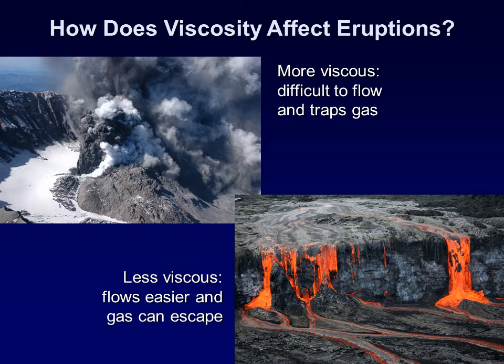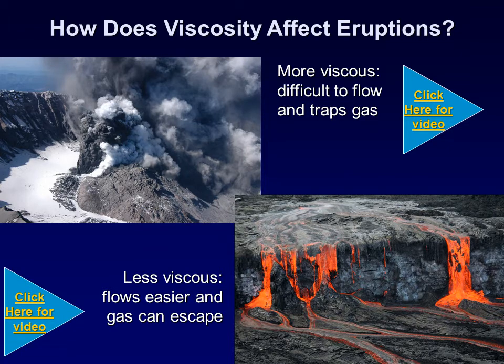All right, your next question, how does viscosity affect the gases in magma? Well, if you want to, you can go ahead and take a look at these videos here to show you what happens to the gas in magma once it reaches the surface, depending on the viscosity. So the top one is showing you a more explosive eruption of what happens when gases get built up because the magma is too thick to readily release the gas bubbles.